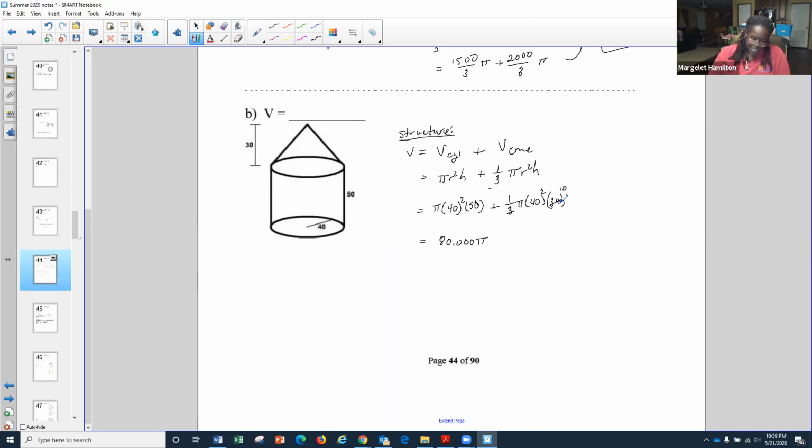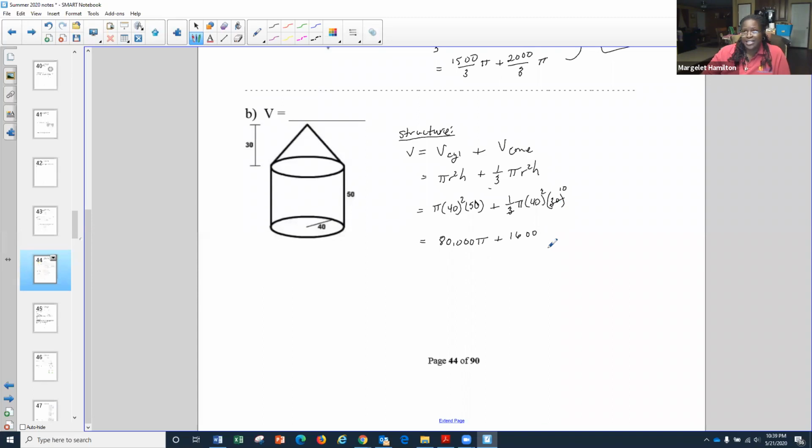All right, so now we're evaluating. So we get 40 squared. All right, and then times our 10. All right, and we should have gotten our 1,600. But now 1,600 pi. So plus 16,000.